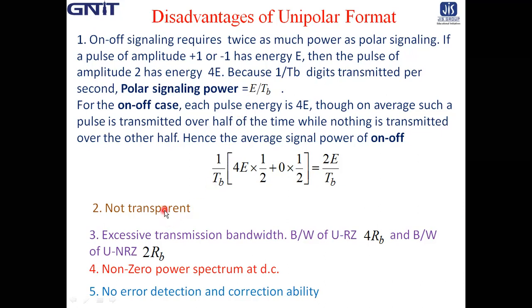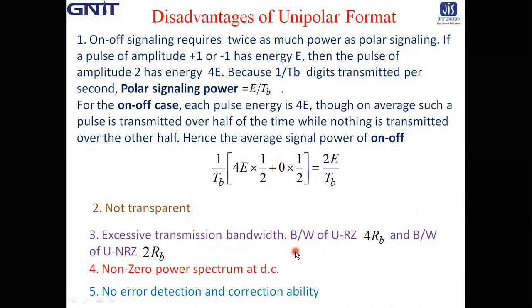Now on-off signaling is not transparent, because a long string of zeros causes the absence of a signal and can lead to errors in timing extraction. Then excessive transmission bandwidth.